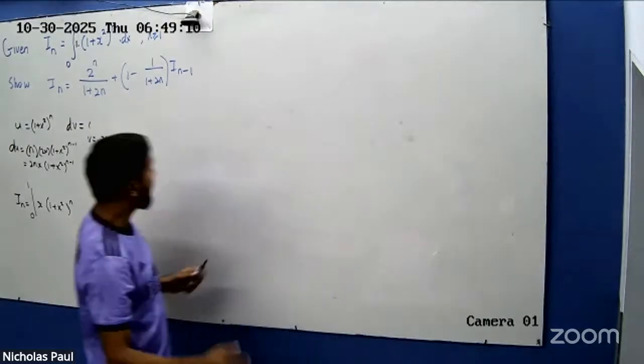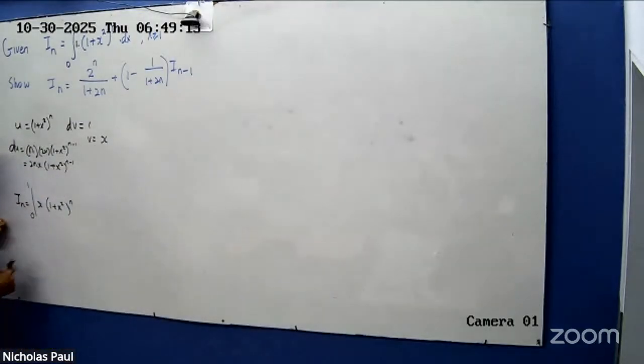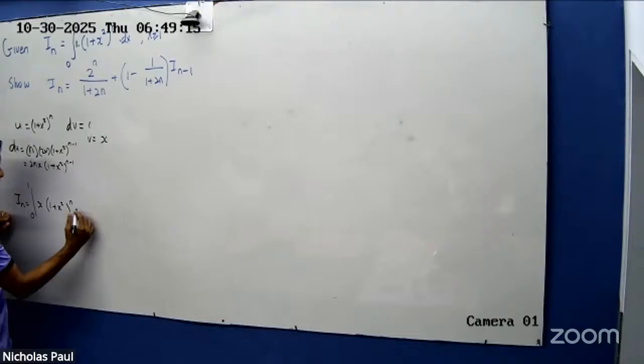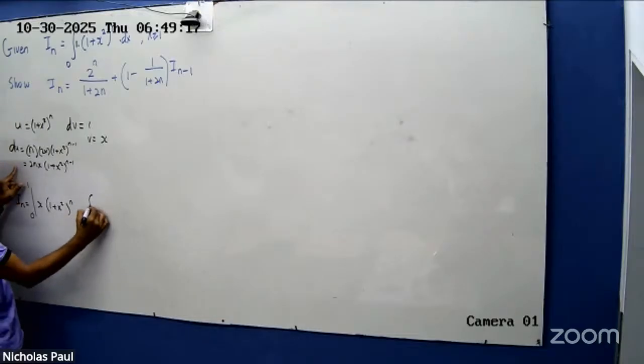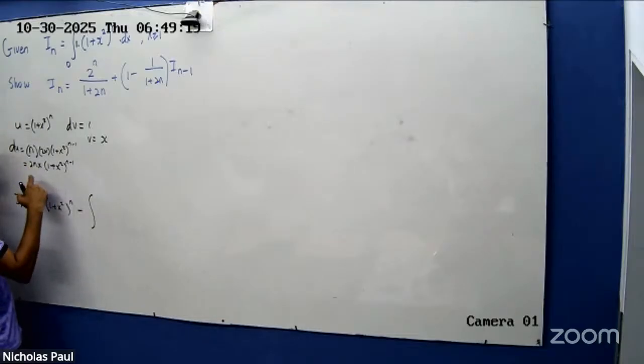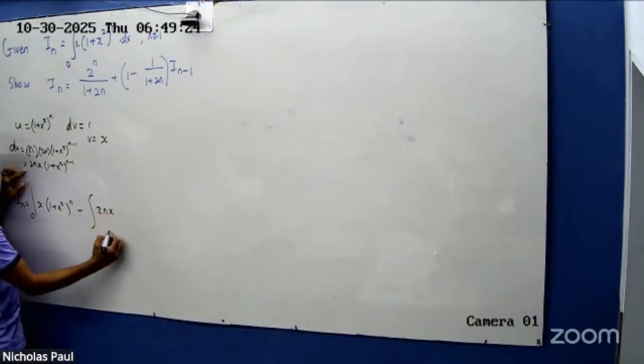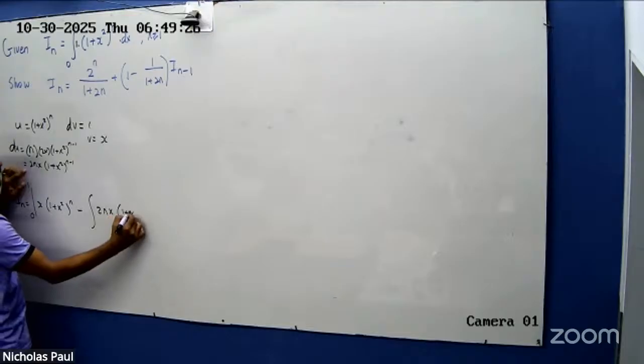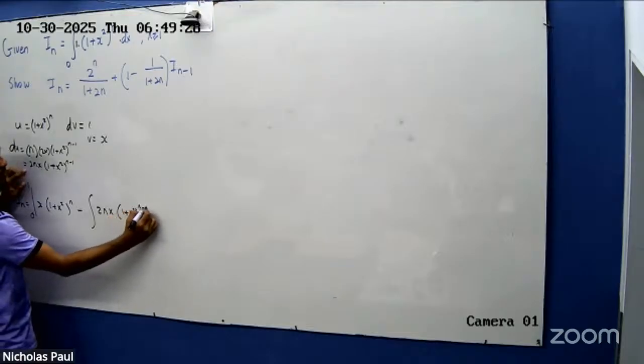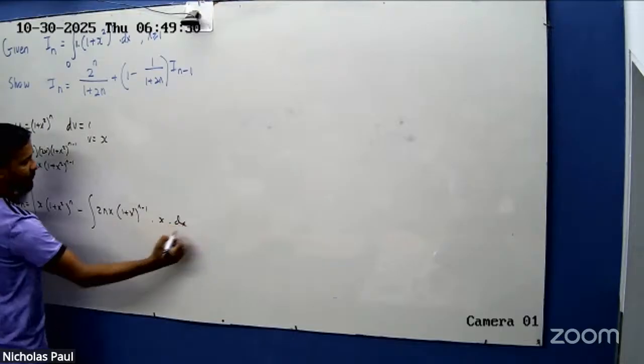Right, so watch this here. So when I reach here, oh sorry, I'm not done yet. Minus the integral of this by this. So I'll get 2nx by 1 plus x squared to the n minus 1 by x.